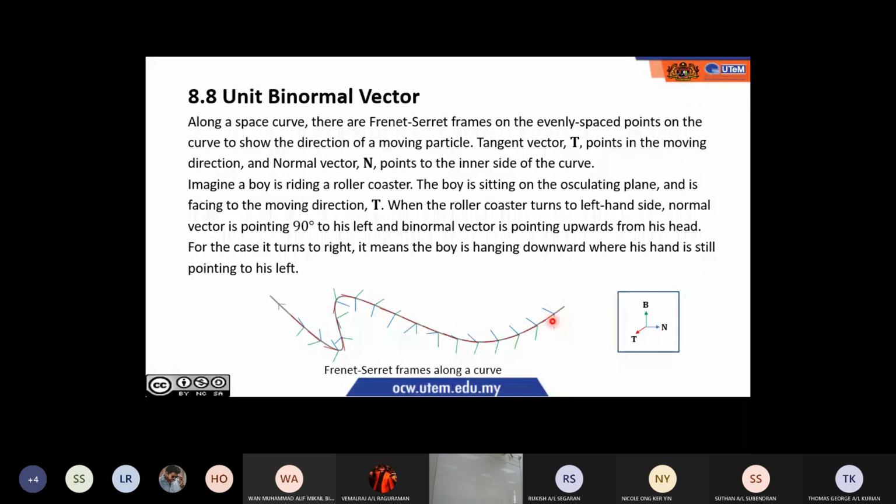The normal vector points to the left. I think the color is reversed. Point to the left.